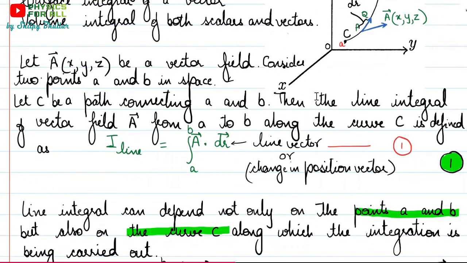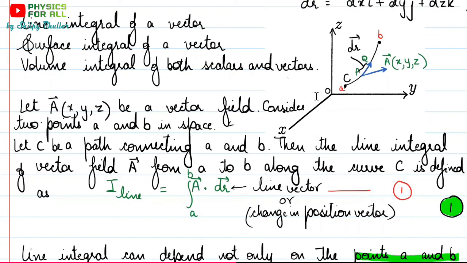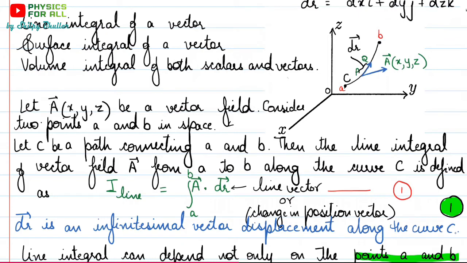It is infinitesimally small. See, one word is infinity and another word is infinitesimal. Both are opposite to each other. Infinity means something extremely large, and infinitesimal means something extremely small. So whenever we do integration, we consider very small segments, infinitesimal segments. So this is the infinitesimal vector displacement along the curve C.